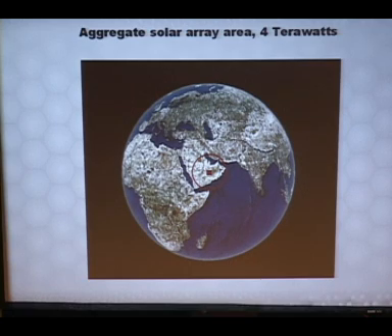So, if we were able to construct solar power generating facilities that covered that much area, there would be enough power available to supply all of the Earth's needs for electricity, and another one would be enough to provide the power required to remove all of the excess carbon dioxide from the atmosphere in 10 years.